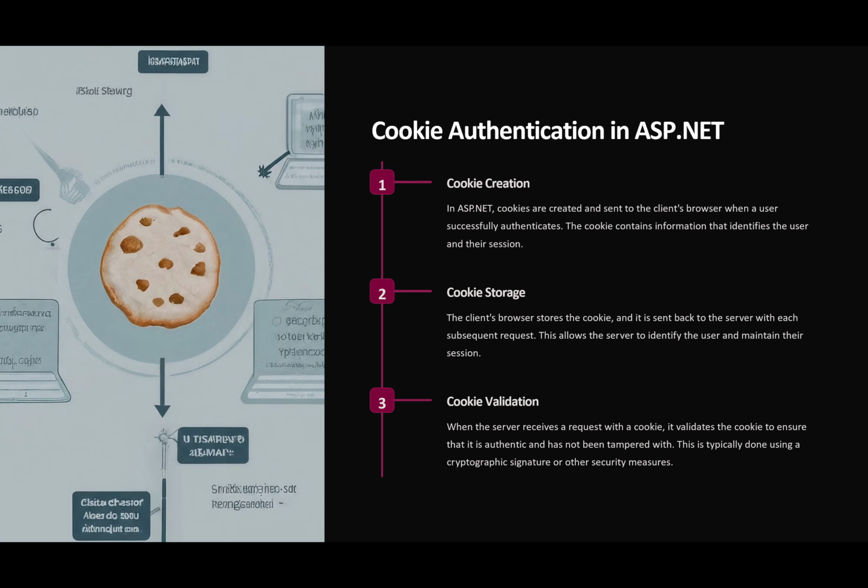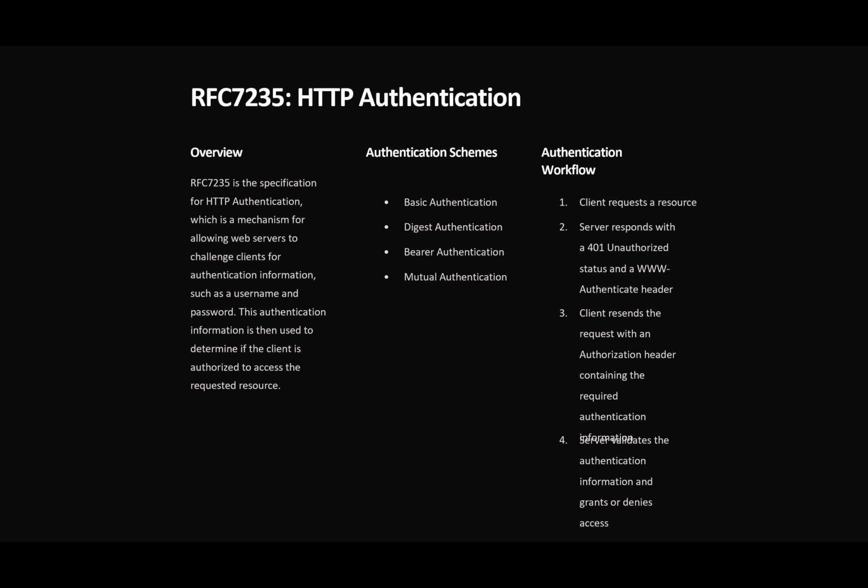The server validates the received cookie to ensure its authenticity and integrity, typically using cryptographic signatures or other security measures. Moving on, let's explore RFC 7235, which is a specification for HTTP authentication. It defines various authentication schemes, basic authentication, digest authentication, bearer authentication, mutual authentication, which allow a web server to challenge clients for authentication information.